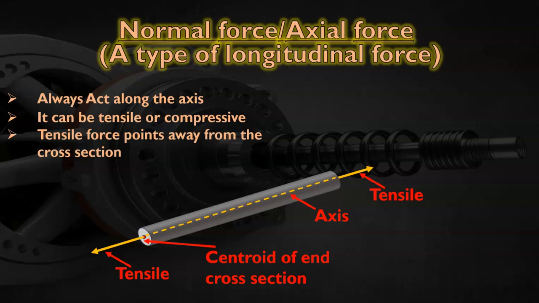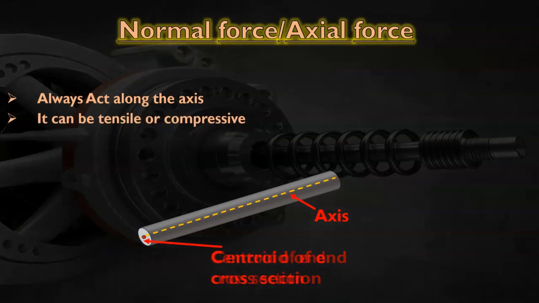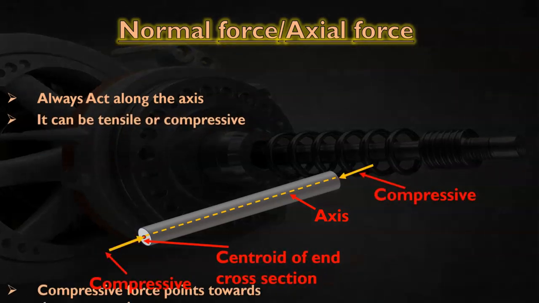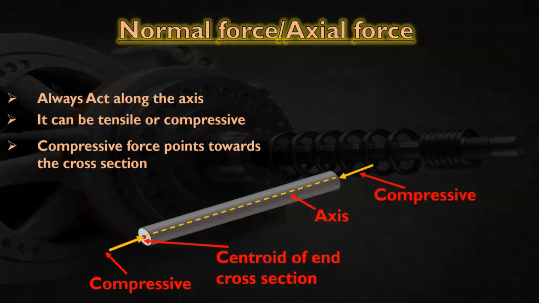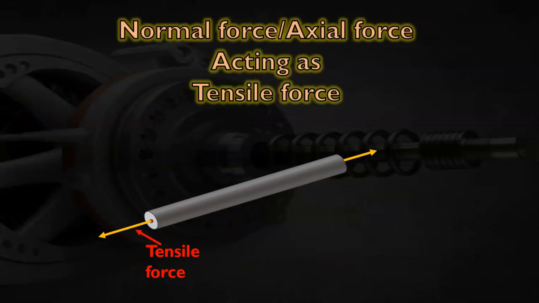So in the tensile force, the point of direction of force is away from the cross section, so it is clearly shown in the figure. Now when it is compressive, the compressive force points towards the cross section. You can see in the figure, the compressive force is marked.